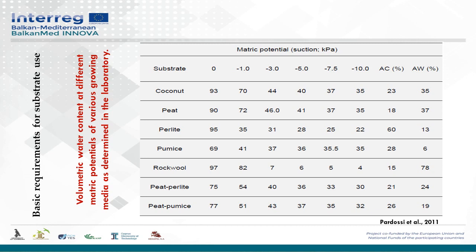In addition, you can see in this table here also some information regarding the volumetric water content at different matrix potentials of some organic and inorganic materials, and you can see that the highest in water holding capacity are the coconuts and the perlites, and you find that mixtures of peat and perlite and peat and pumice have a lower volumetric water content.